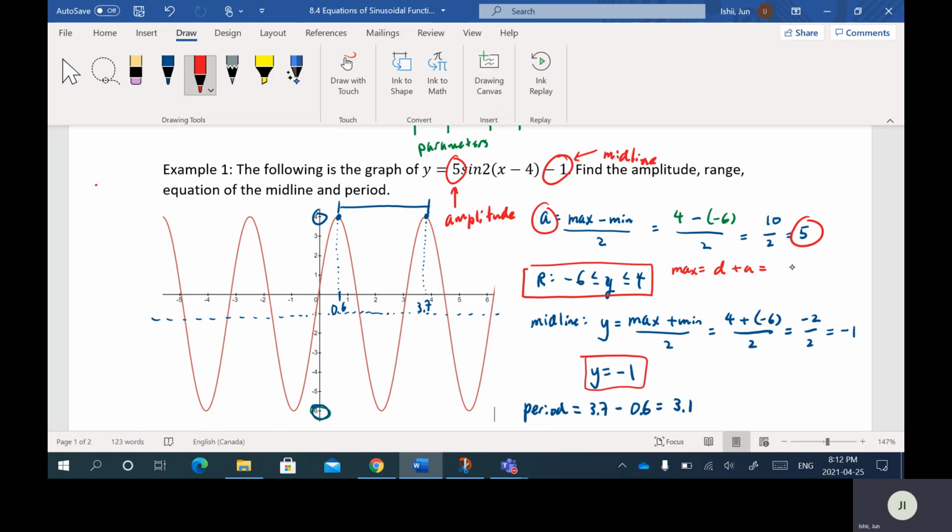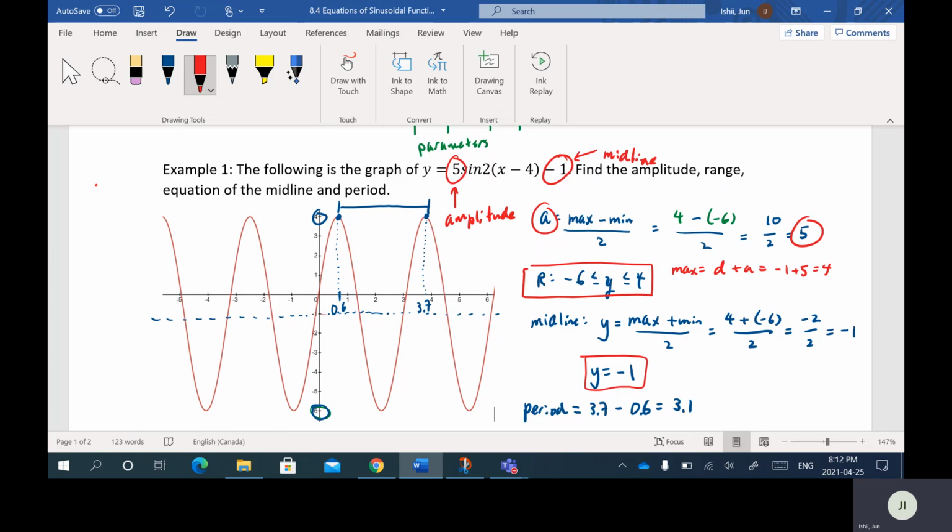In this case, my midline was -1, but if I add 5, I get +4, and you'll notice that that is the maximum value of this function. Visually, if I know where the middle is, and I add the amplitude, it should take me to the maximum value.